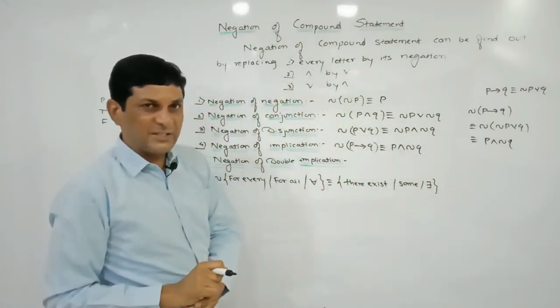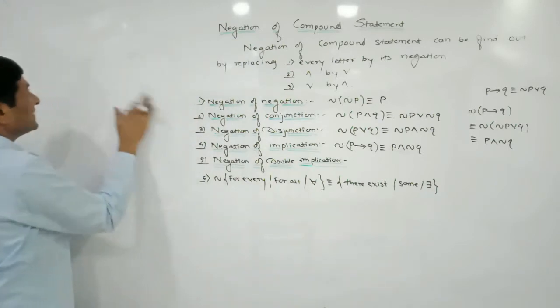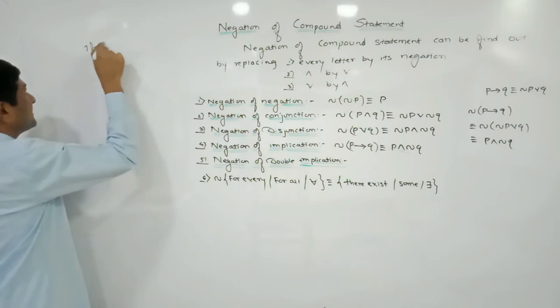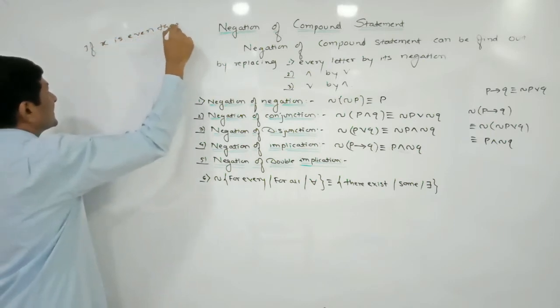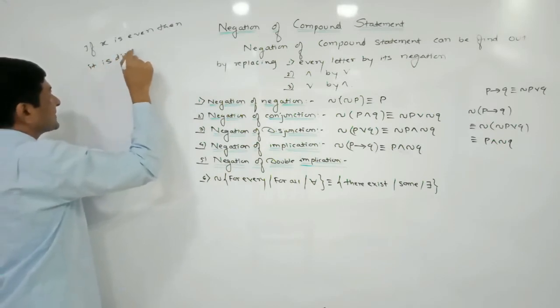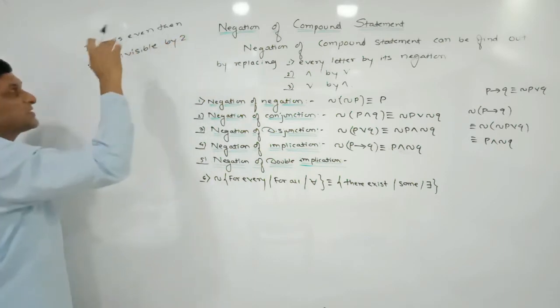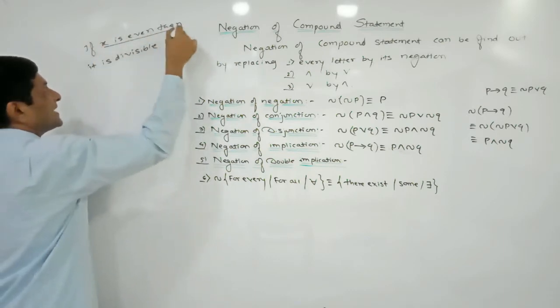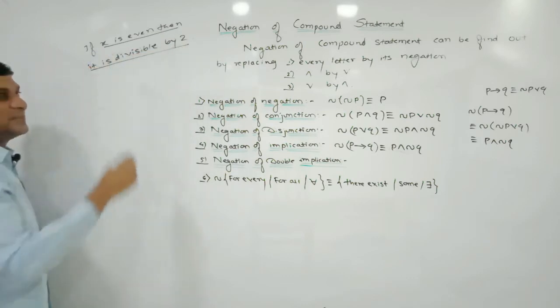Now suppose one statement is there: if x is even, then it is divisible by 2. The first part is x is even and the second part is x is divisible by 2.